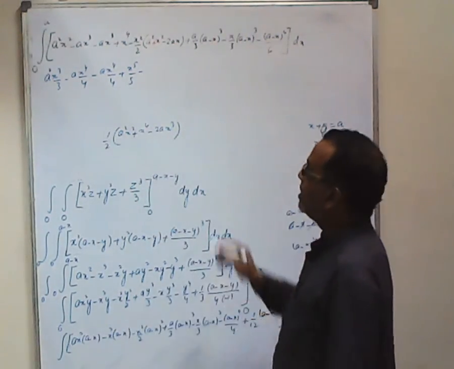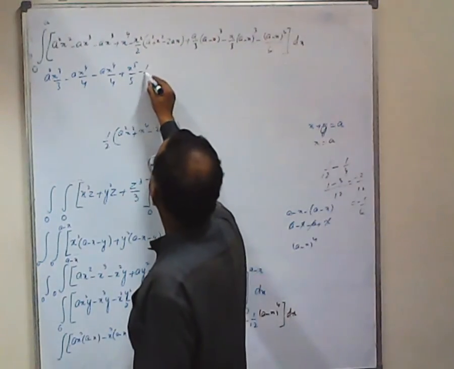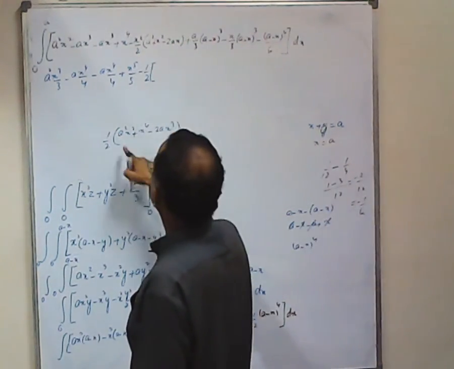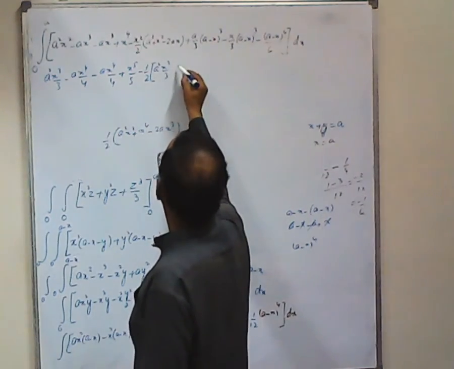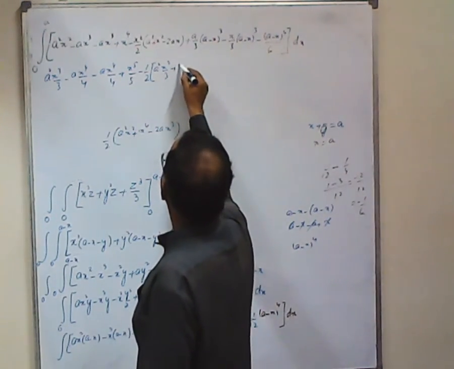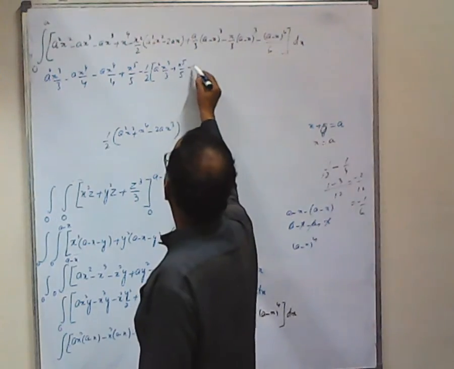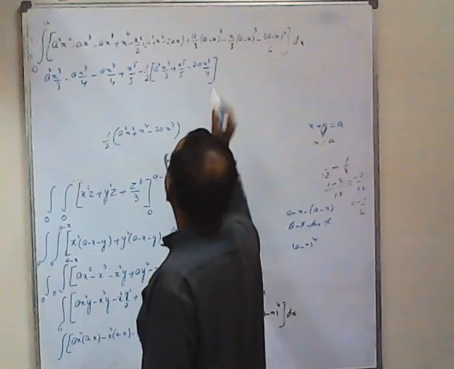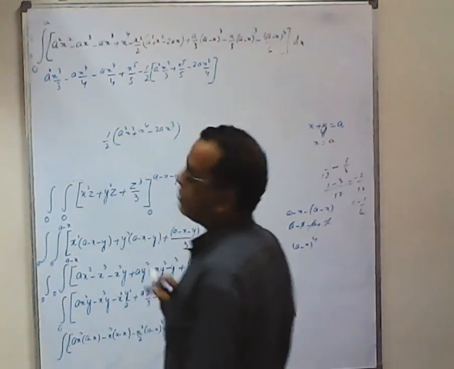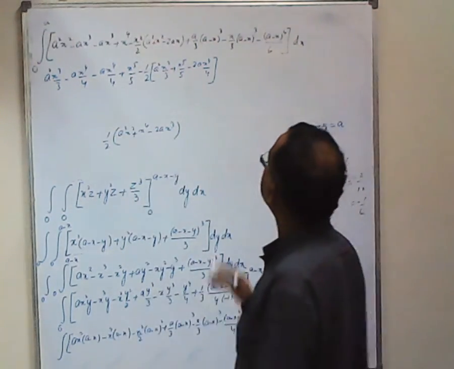So this is the term, so I am integrating accordingly. So a square x cube by 3 plus x power 5 by 5 minus 2ax power 4 by 4. So first I multiplied this one and then integrated.